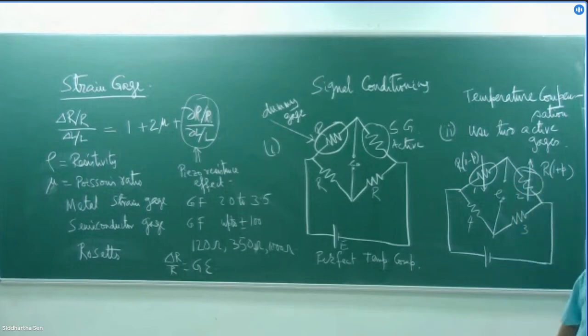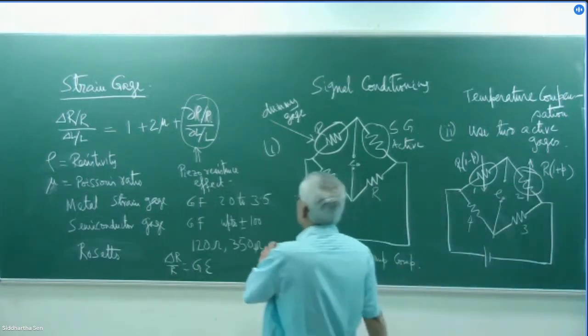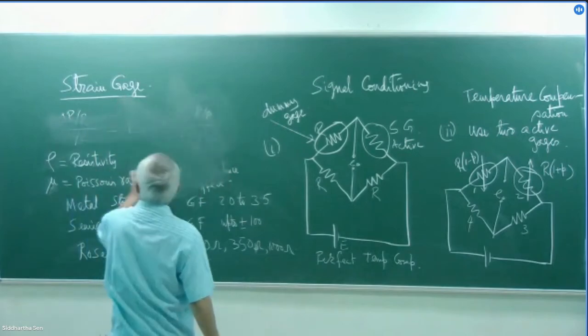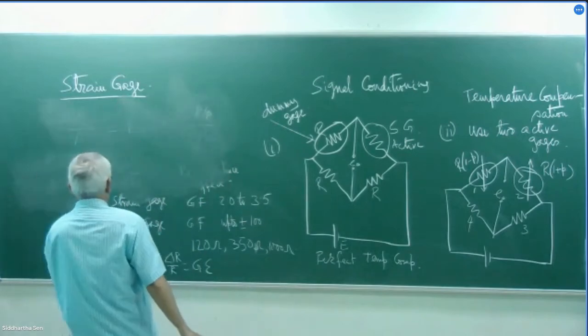How can you achieve that? How can you connect these two active strain gauges?